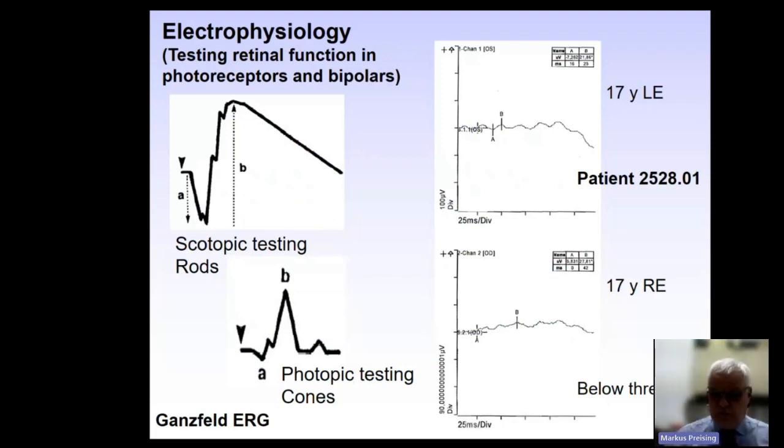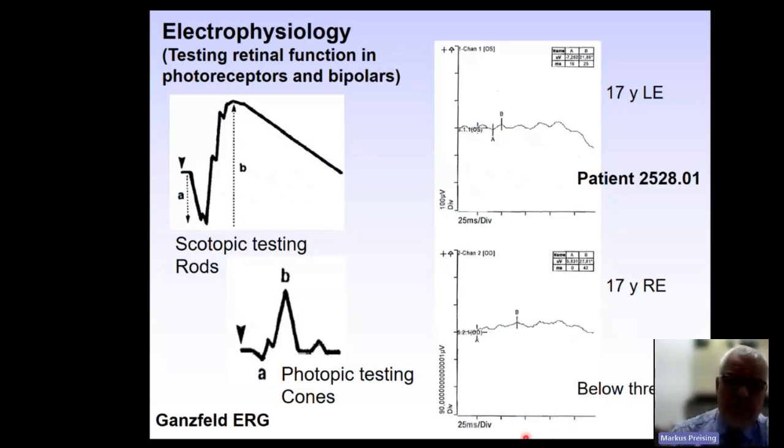Electrophysiology is a good technique to help you identify these patients. As it is a loss of especially the rods, you will lose photoreceptor scotopic and photopic responses in electrophysiology in the Ganzfeld ERG.